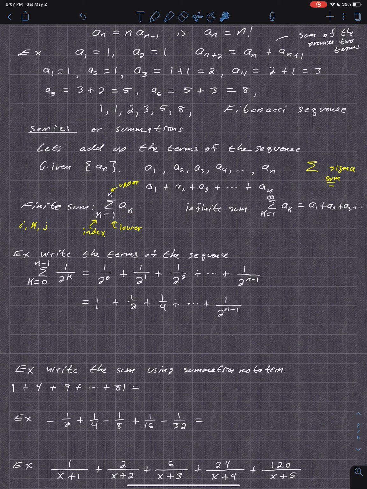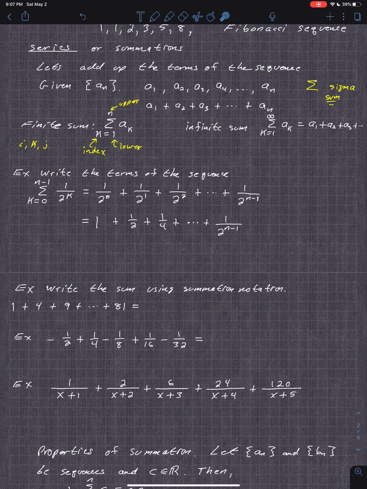But an infinite sum means you add forever. And that's where you put infinity at the top. That means you never stop. The dots means you never stop. So let's look at a couple examples of that. So write the terms of the sequence. And this time I'm changing it up at 0, just because, to n minus 1.